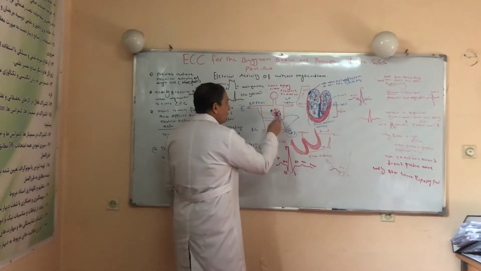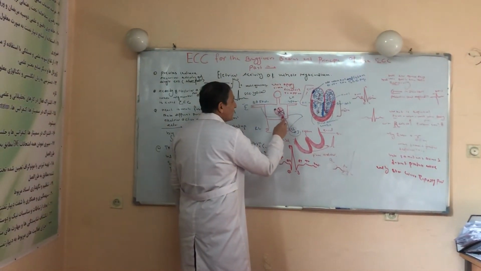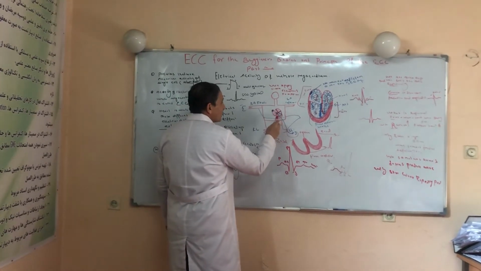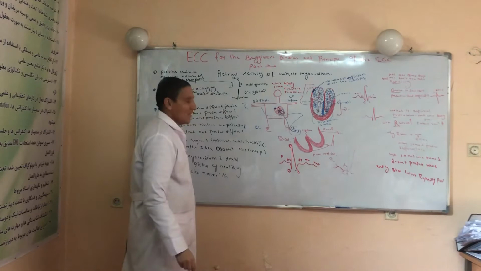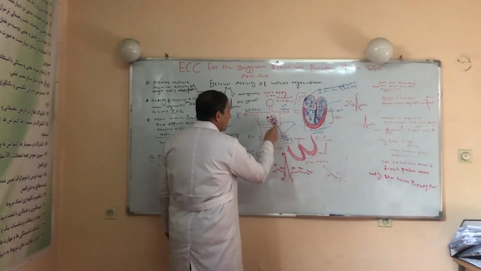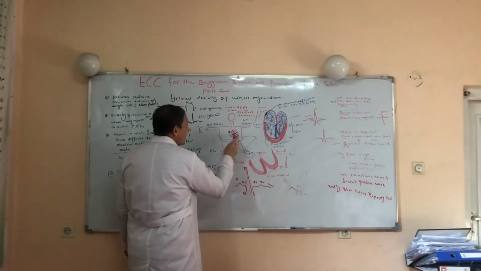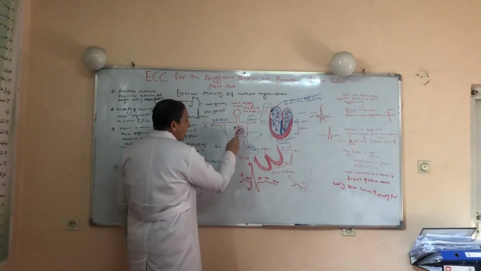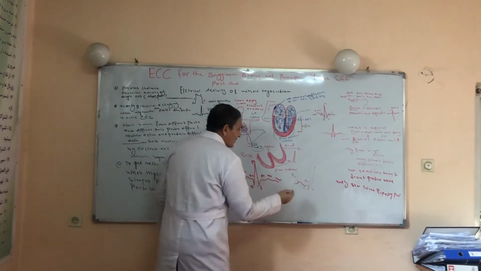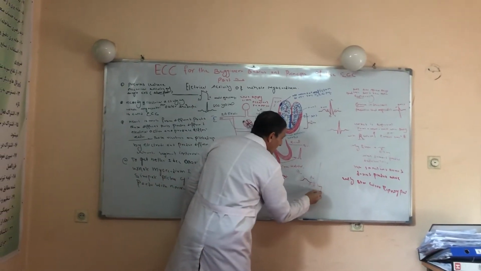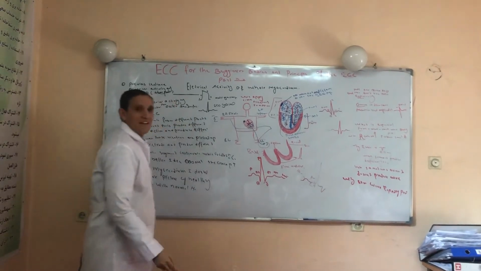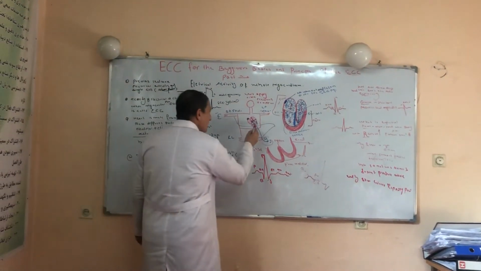Stage one: when the electrical impulse reaches the left bundle branch, it leads to depolarization of the septum, and this depolarization wave moves left to right. So the positive charge moves away from the electrode and the deflection is negative.